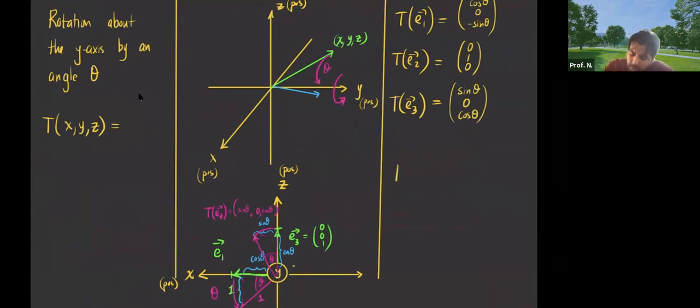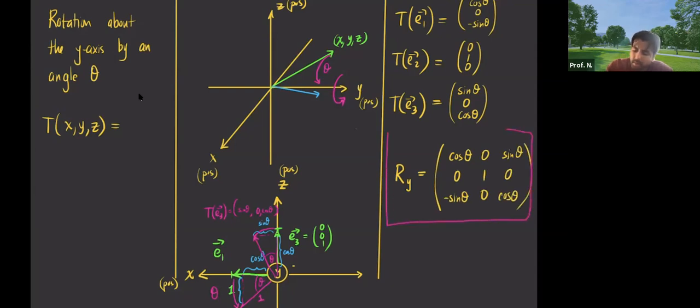And so what would be the rotation about the y-axis? It would be the matrix cosine theta, 0, negative sine theta; 0, 1, 0; sine theta, 0, cosine theta. Is this clear, guys?